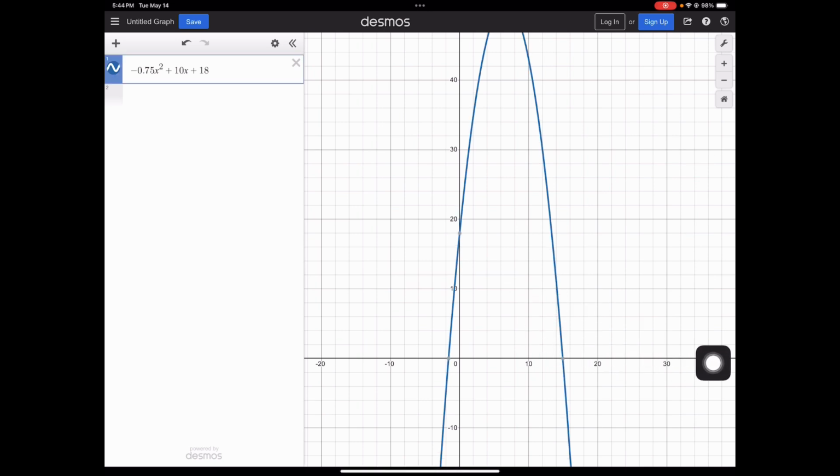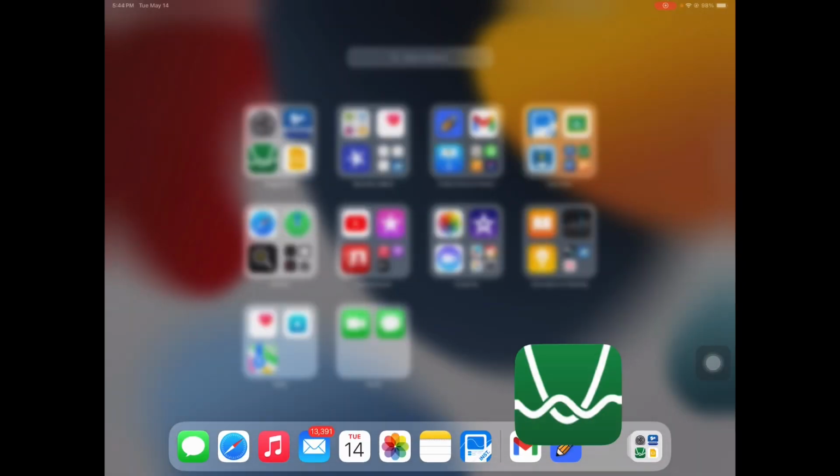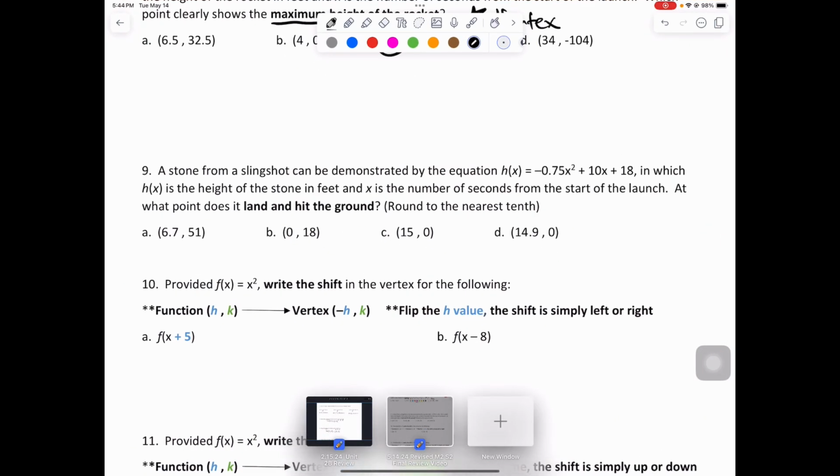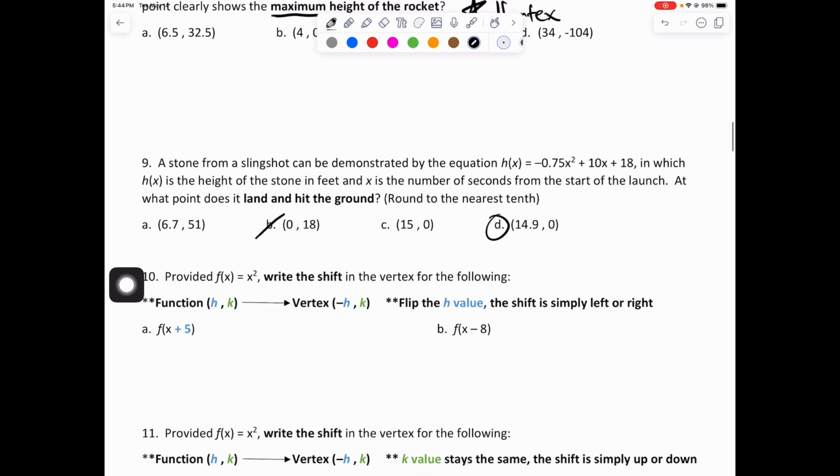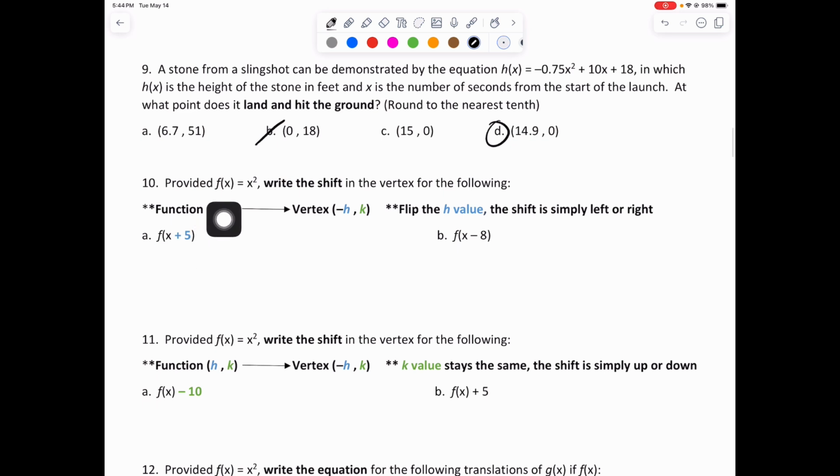That's our ground at 14.94 and 0, so it will be 14.9 and 0. Again, that's answer choice D. Circle your answer. No, it's not 15 and 0. 0.18, well, we can eliminate that right away because it has to be a number followed by 0 on our x-intercept.